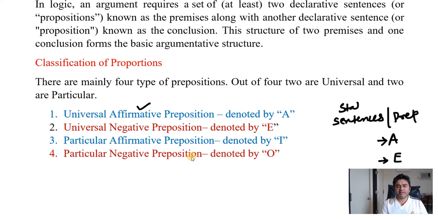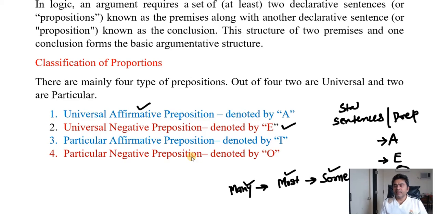Then I means particular affirmative proposition. Under I you are not using the word all, but you are using the word some, most, or many, but not all. When you are using this kind of words, then it is an I type of proposition, and there is a positive quality involved in the statement.